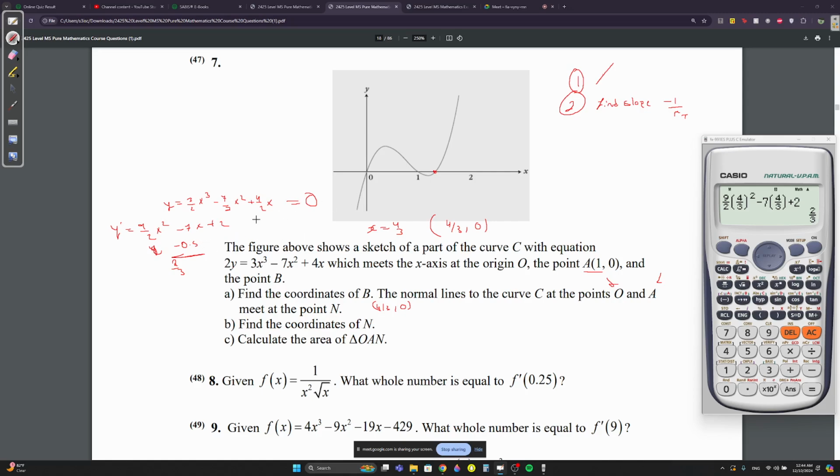These are the slopes of the tangent, but we want the slope of the normal, so we take minus 1 divided by that. Minus 1 divided by 0.5 is 2, and minus 1 divided by 2 over 3 is minus 3 over 2.